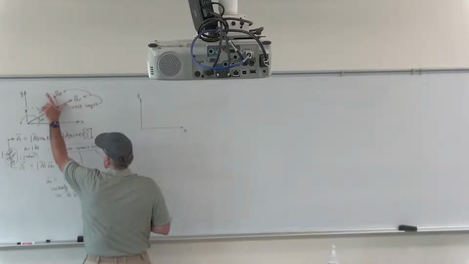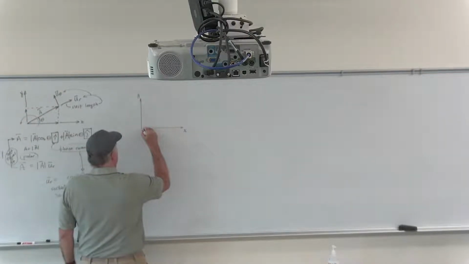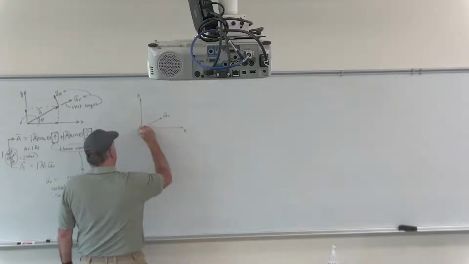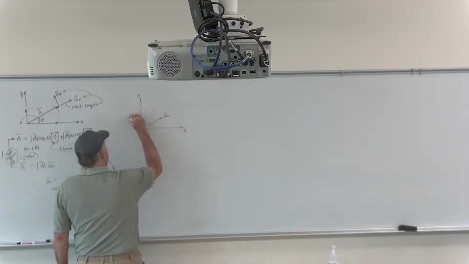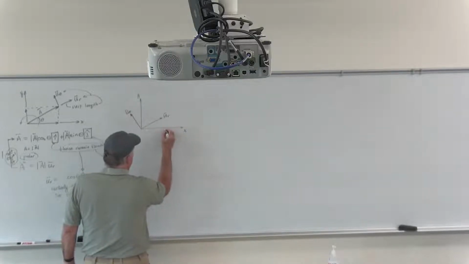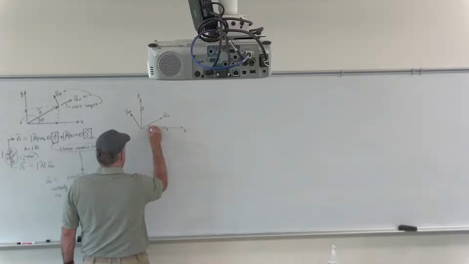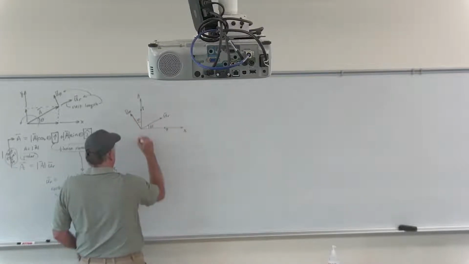I'm going to take this vector and move it down to here. There's my UR. There's my U theta. Of course, my I goes out here, and my J goes out here, and that's theta, and that's theta.